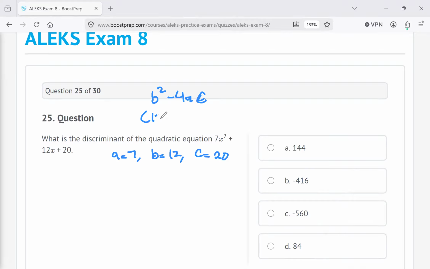So it's going to be 12 squared minus 4 times a, which is 7, and c, which is 2. I got it. The answer is -416.